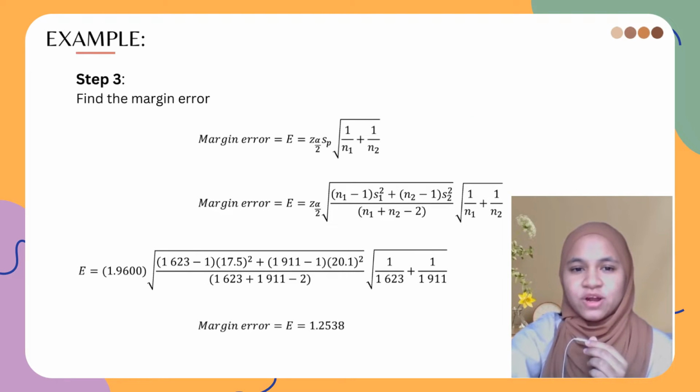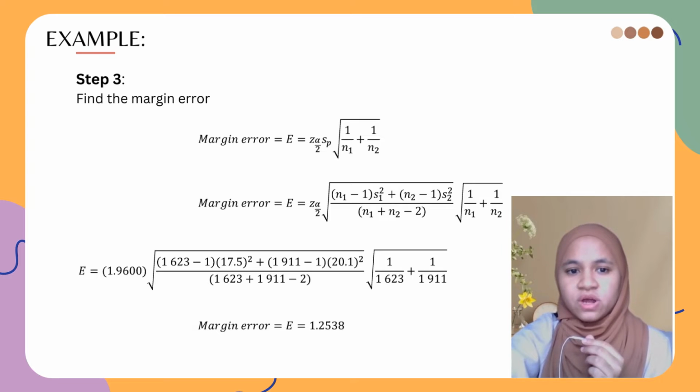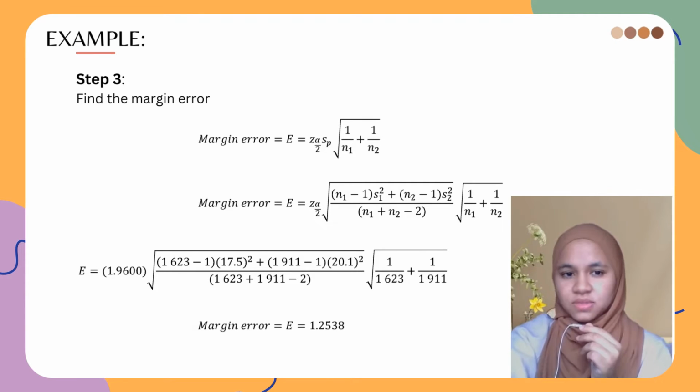Now, we are going to find the margin of error. We are going to take the z-score 1.9600, which we found on the previous slide. We are going to take the first n value minus 1. So, 1623 minus 1, which is equal to 1622.